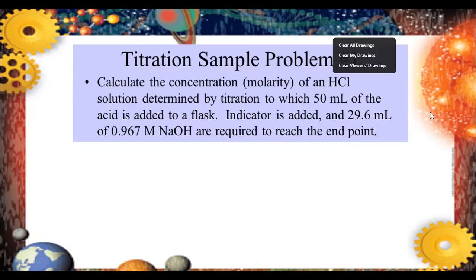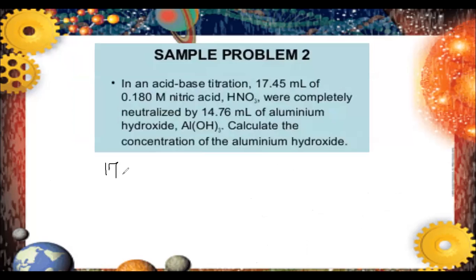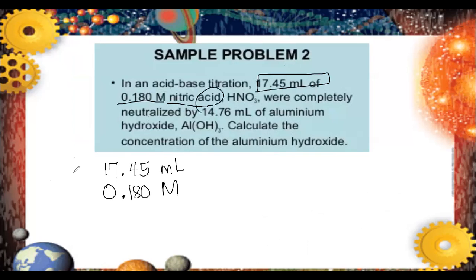So in problem number 2, we have 17.45 ml. Okay, so this is the first given of 0.180 moles nitric acid. So it means that this is the given for acid and we have ml here, so it means that this is the volume and M stands for moles, which is the unit for molarity.